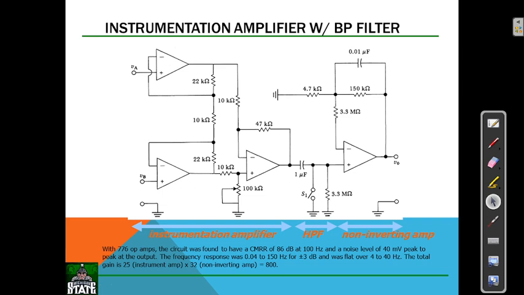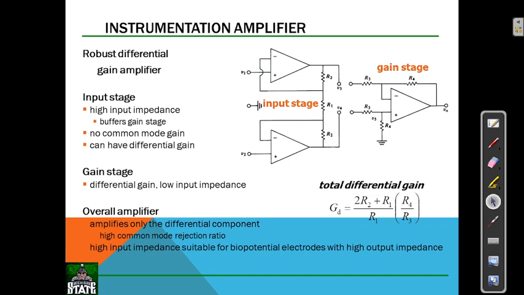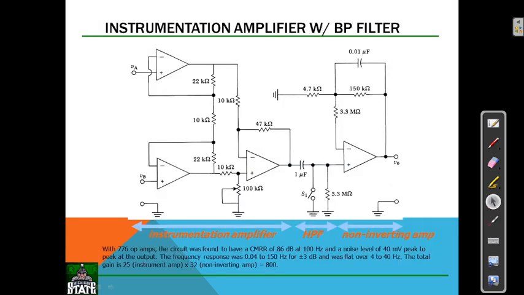You can see in this drawing there is no buffer here, no buffer here, whereas here it is with a buffer filter. This part is the instrumentation amplifier, this is the HPF, and this is the non-inverting input amplifier.